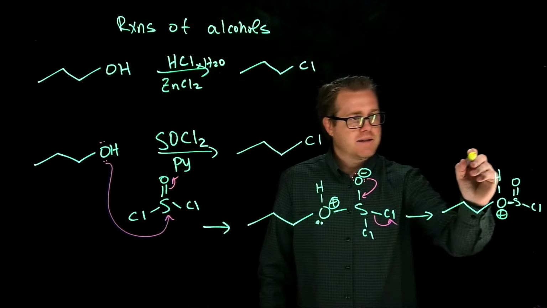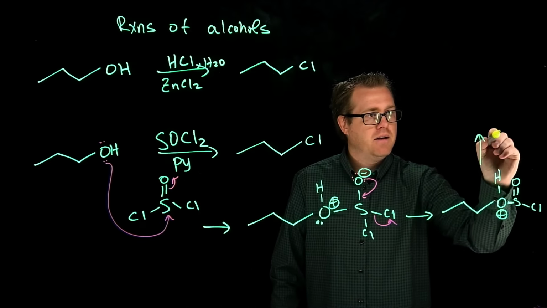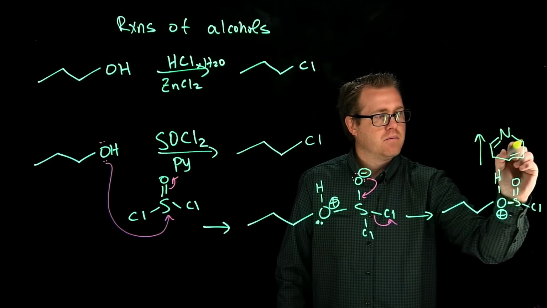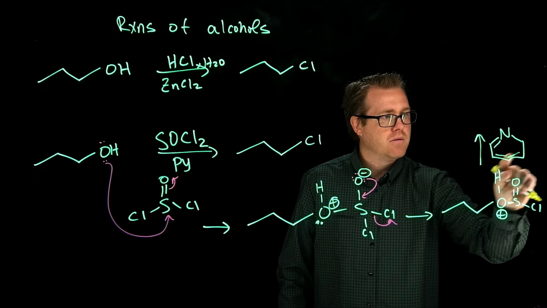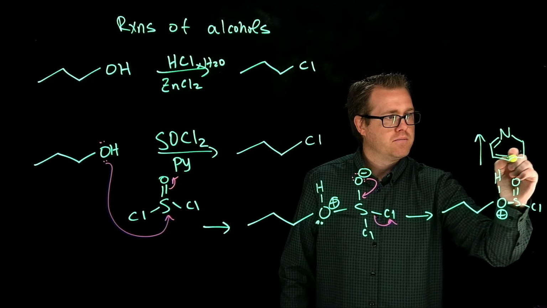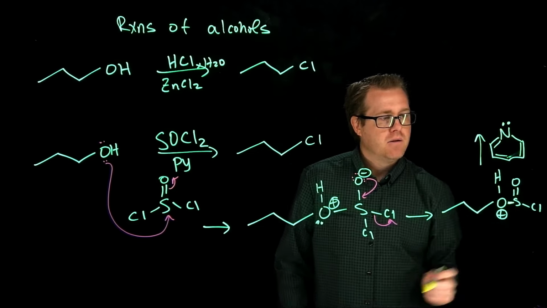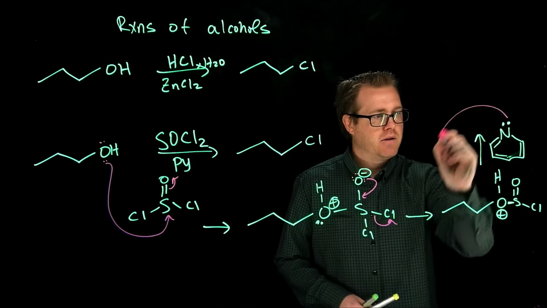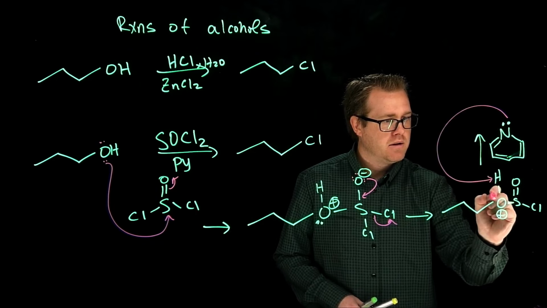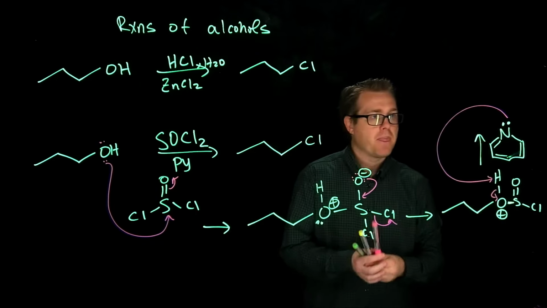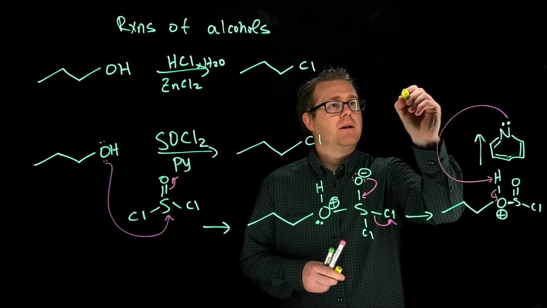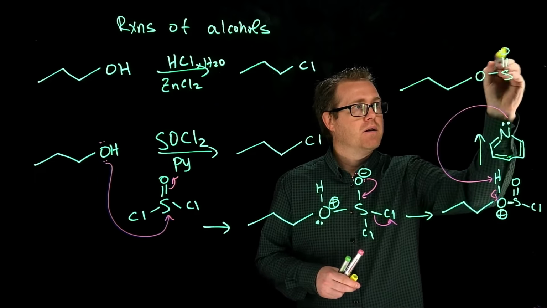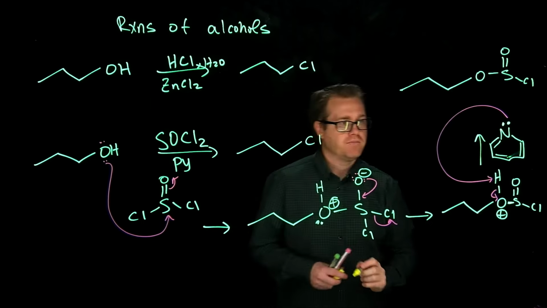And so the next step would be our pyridine. Pyridine's just a base. So that base is going to come in and grab that proton, giving the lone pairs back. So that's going to be O, S, like so.